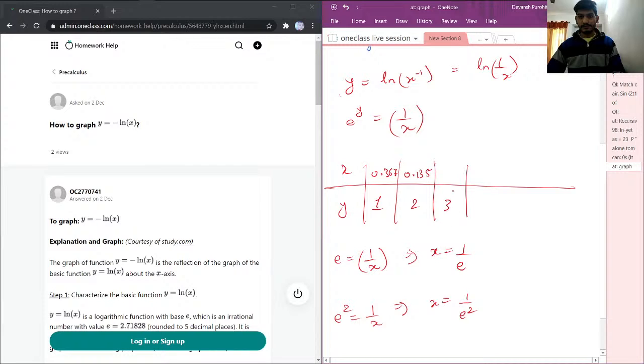For 3 again we have 1 over e power 3, which is 0.049. And let's just take the value as -1.